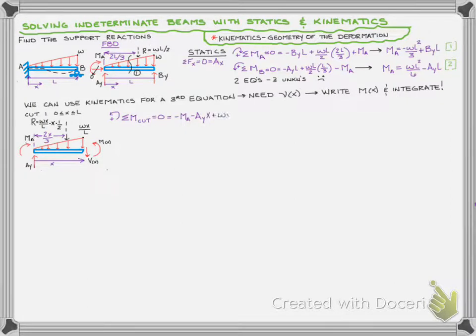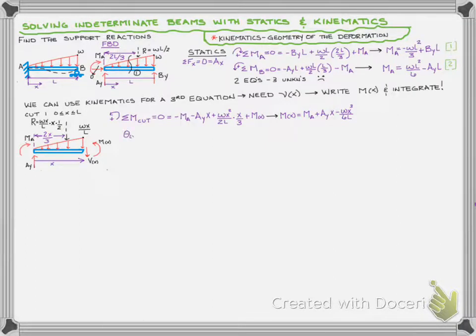We can go counterclockwise positive, and we'd have our negative M_A minus A_y times x plus Wx squared over 2L, our resultant, times x over 3 plus that constant M of x. Then we just rewrite this whole equation for M of x because that was our goal, so that we could integrate our M of x.